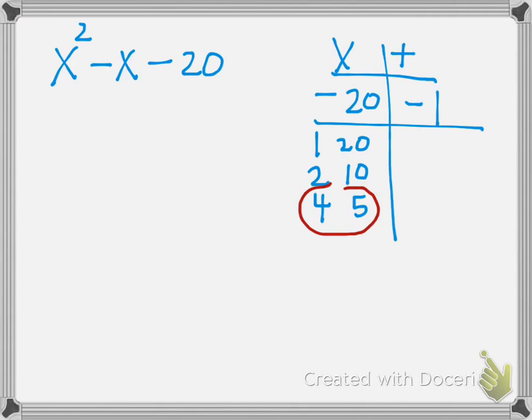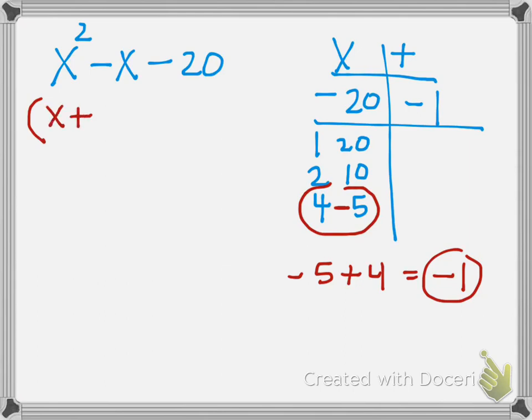Now I want them to add to be negative 1, so the negative has to be on the 5. Negative 5 plus 4 is negative 1. They multiply to give me negative 20 and add to give me negative 1. So this is how I write my factors: x plus 4, x minus 5. That is your final answer.